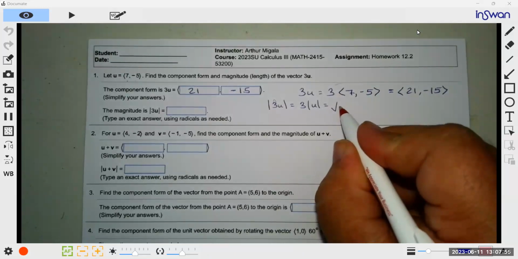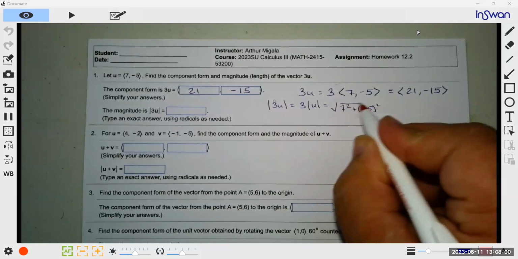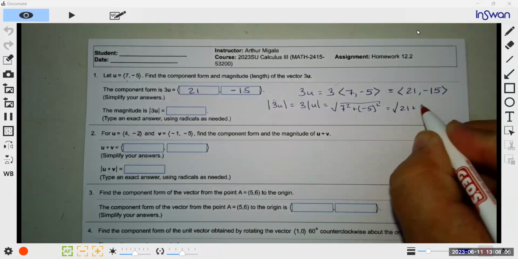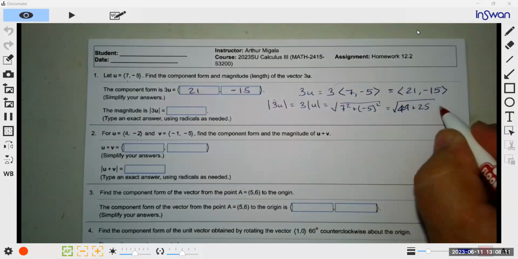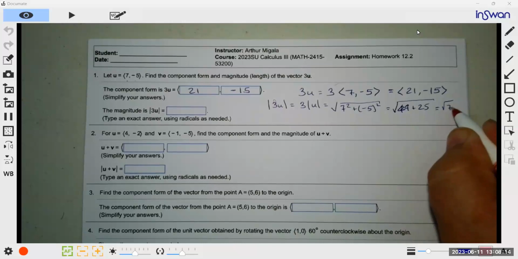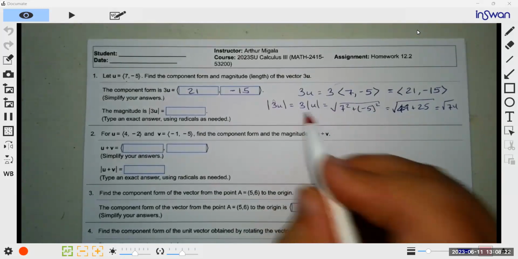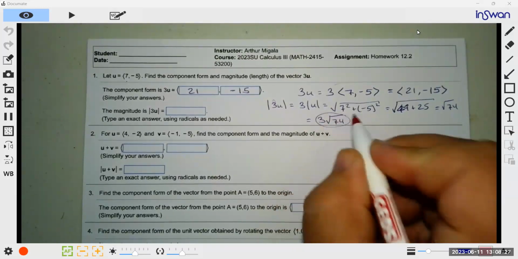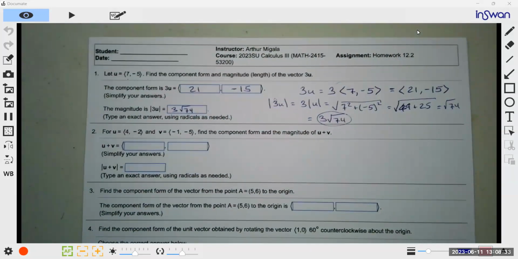So we have 7 squared plus -5 squared, 49 plus 25, which equals the square root of 74. Times 3. So the answer is 3 radical 74. That's the first one.